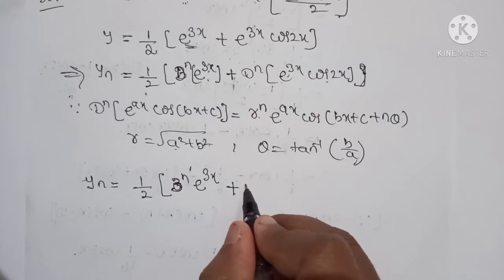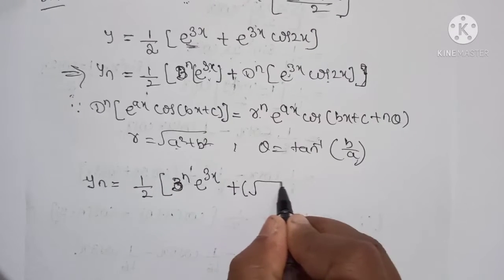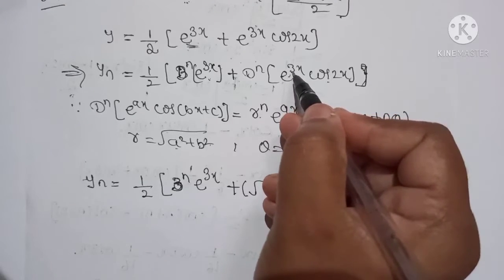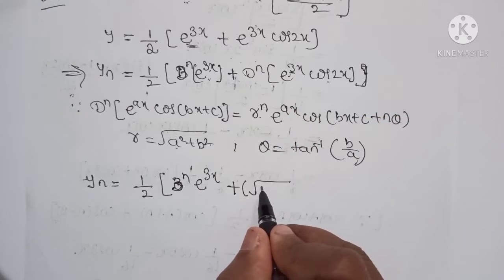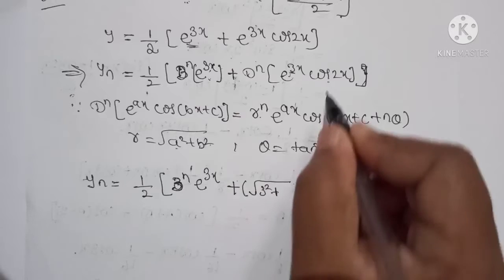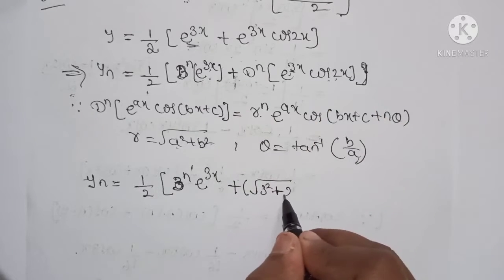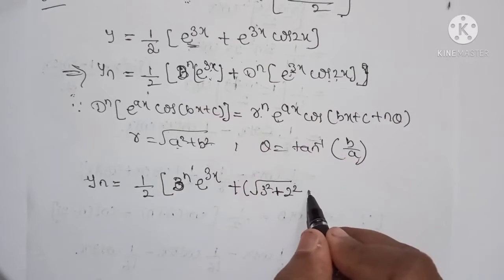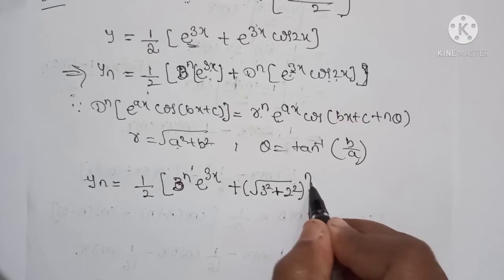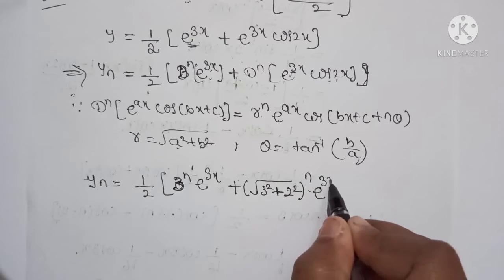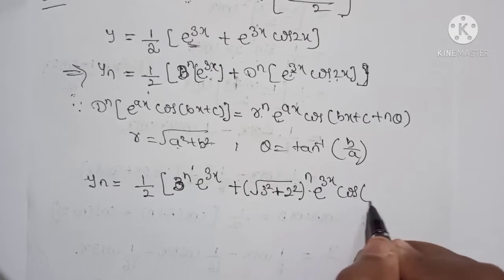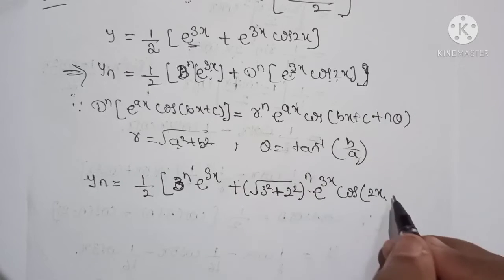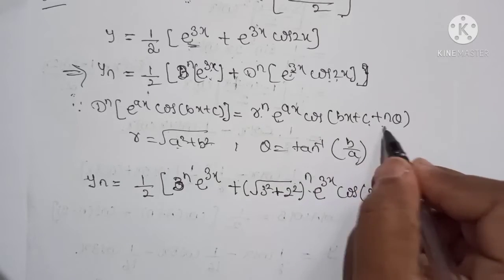Here I will directly substitute: a is 3, so 3 square plus b square, which is 2 square, whole power n, e raised to 3x as it is, cos of 2x as it is, plus c equals 0, plus n theta.